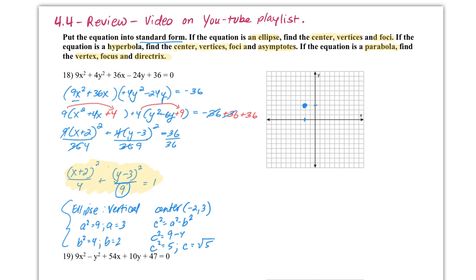So whatever my A value was, 3, I know I'm going to go up 3 and down 3. Same goes for my C value and everything else. So my axis that I'm focusing on is that vertical axis. I'm going to let you guys do the graph and everything else. You can see by the answer key what it needs to look like.